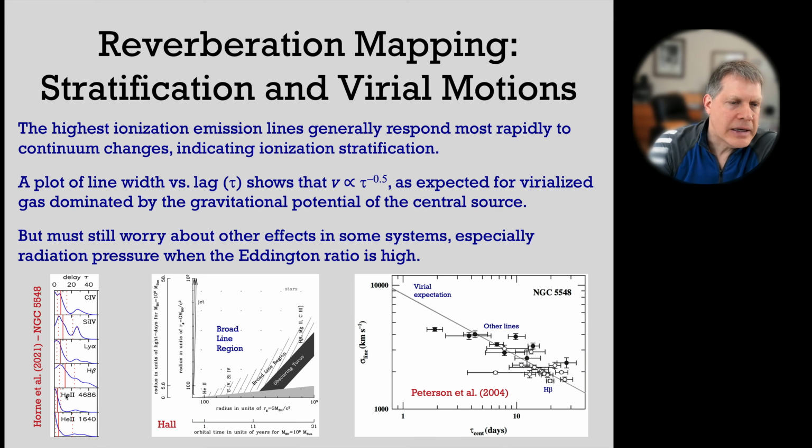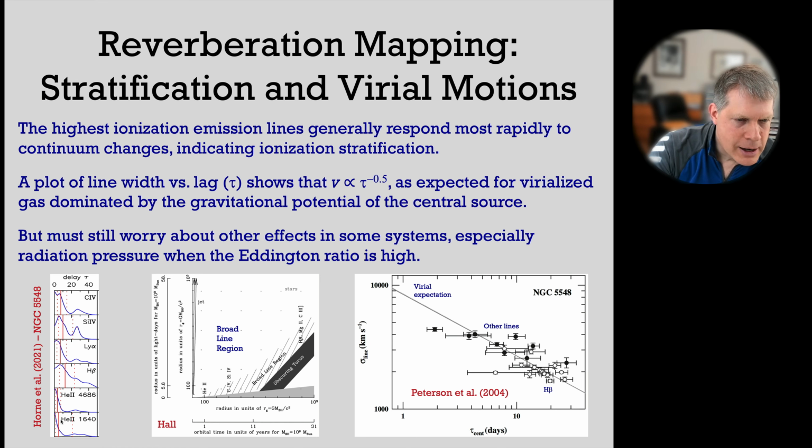That is shown nicely here in these recent very detailed reverberation experiments for a very well-studied AGN. So helium-2, which is a very high ionization line, is very small. And this basically shows the distribution of delay timescales coming from unwinding that integral equation I showed you with sophisticated mathematical techniques, and that's being done for different lines.